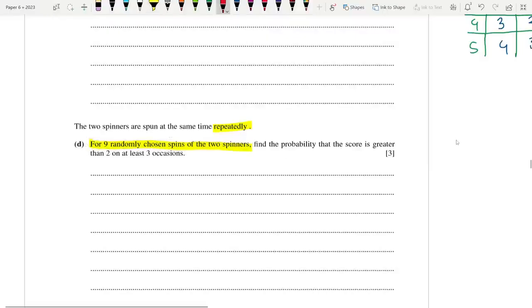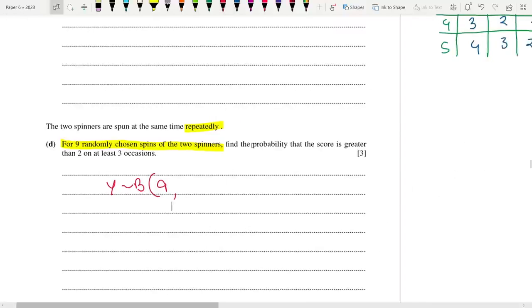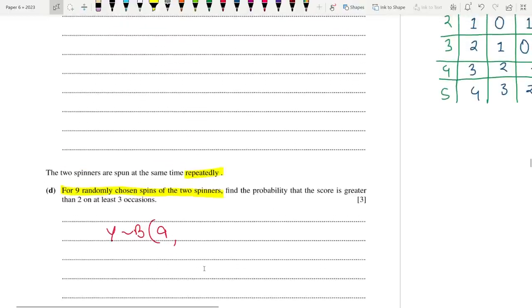So we can say that Y is binomially distributed, with formula n, p. The number of trials is 9. I now have to find the probability of success. So what is our success here? The score is greater than 2.